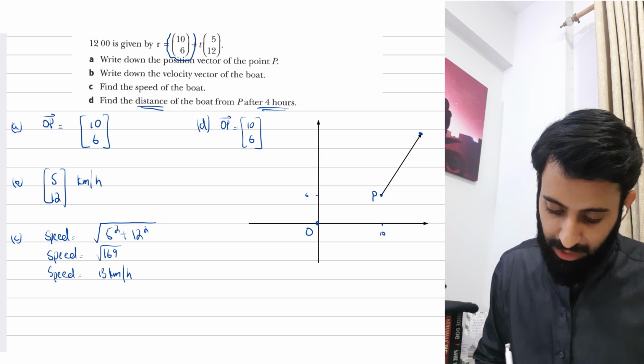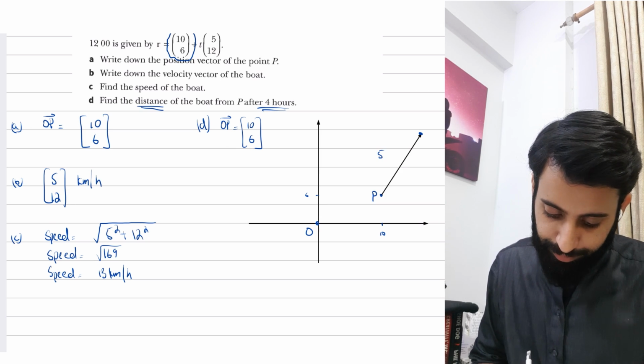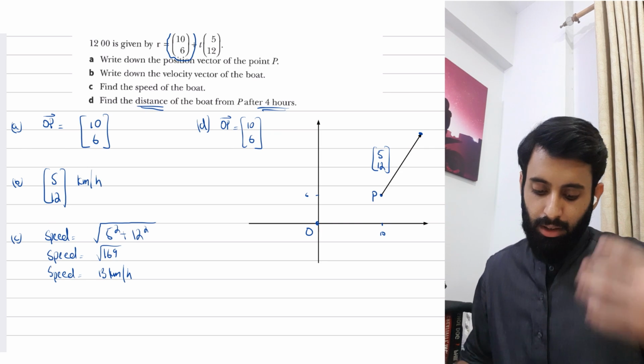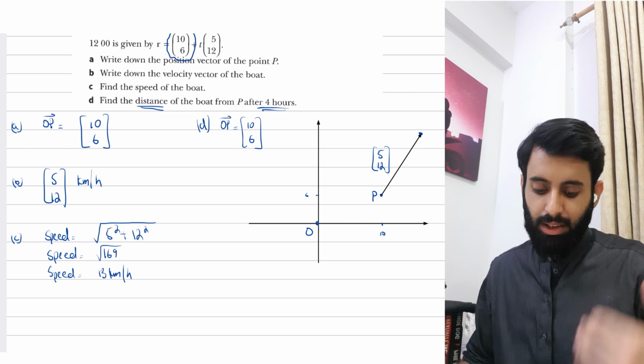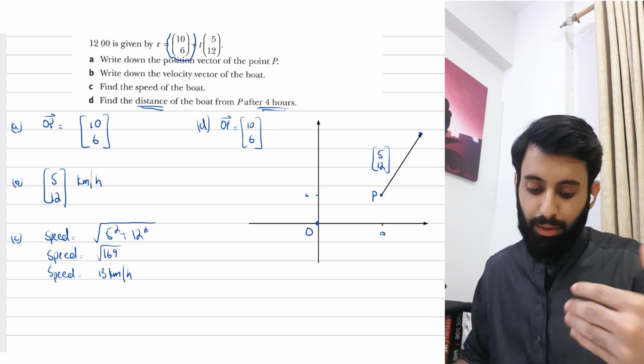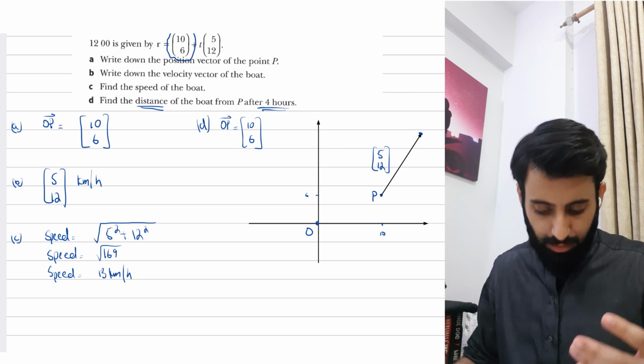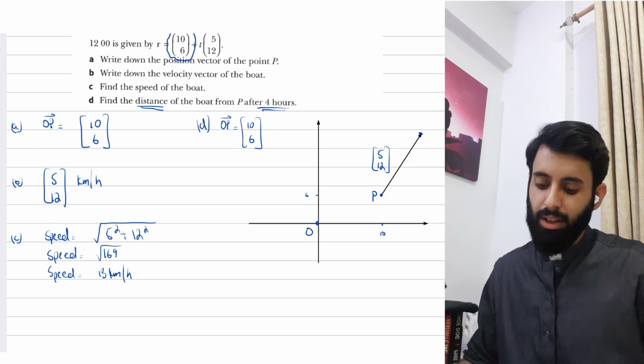From this point onwards, I know that the boat is traveling at (5, 12) kilometers per hour. That means every hour this boat moves 5 units rightwards and 12 units upwards. Since both the values are positive, hence rightwards and upwards.